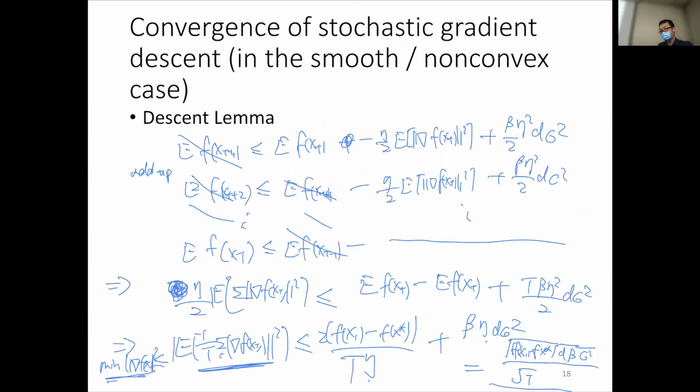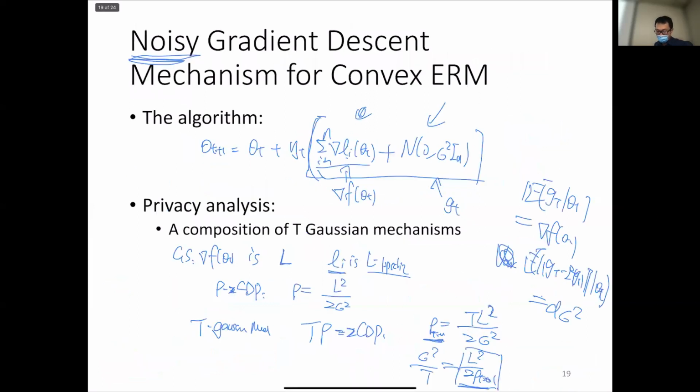So we can simply substitute this sigma square over T inside this utility analysis to obtain the right choice of this sigma and T ratio in order for us to obtain this rho zCDP parameter. And then there's our standard conversion from rho zCDP to epsilon-delta DP for your favorite epsilon and delta.